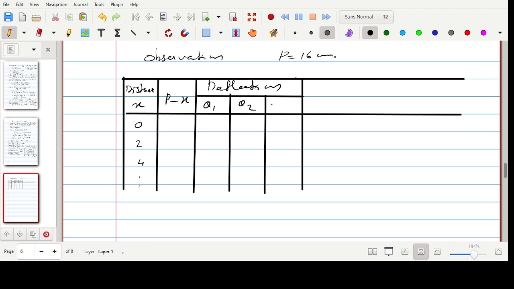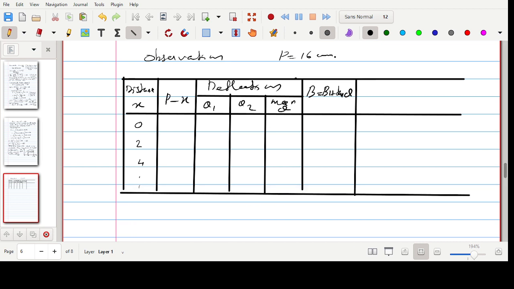So theta 1, theta 2, then mean theta, then using that we can calculate B equal to BH tan theta. Using that equation you can find the magnetic field using the compass box. Once you get B, find mean B, that will be B bar, equal to mean B.